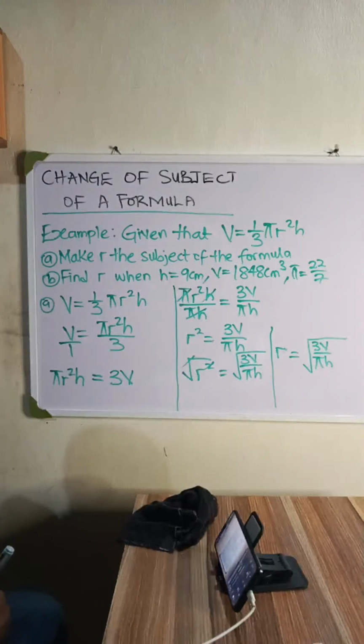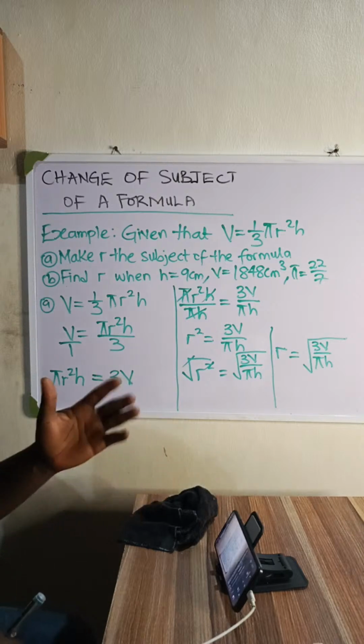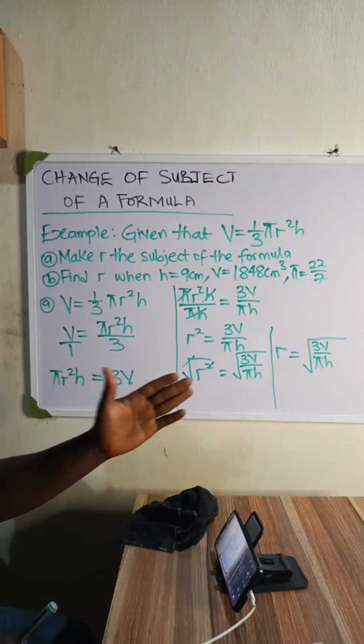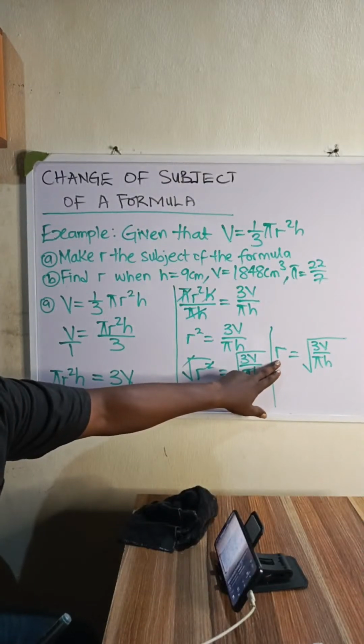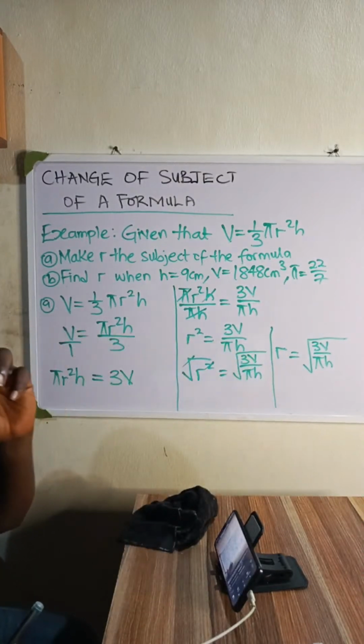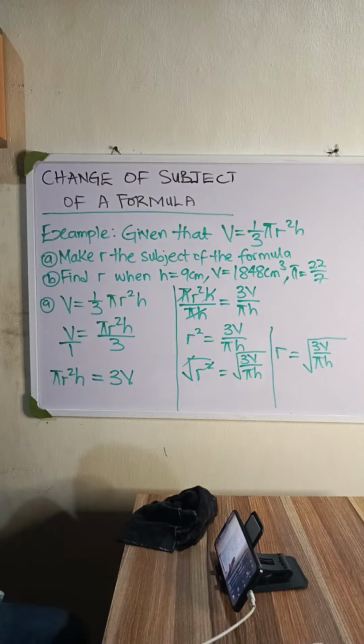How do we know we've made R the subject of the formula? We know because R is now found alone on the left. Since R is found alone on the left, R is the subject of the formula.